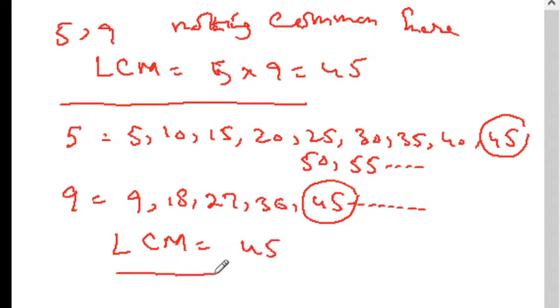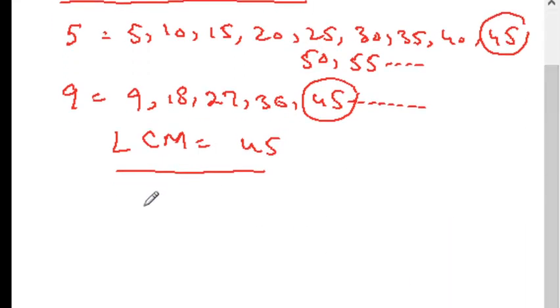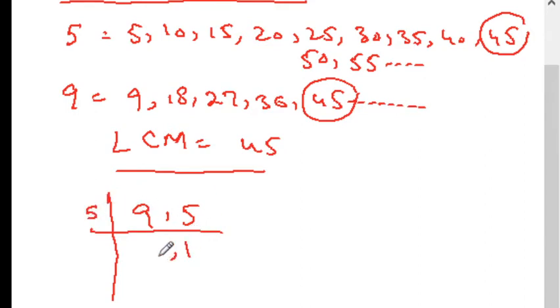That's the result. If you want to do it with the division method, look at the division method. 9 and 5, or 5 and 9. So see here, we search for a number which can divide both, but we don't find any number which can divide both of these numbers. So we do another method. We check any number which can divide one of them. That is 5. 5 can divide 5, and 5 can't divide 9, so bring 9 here.